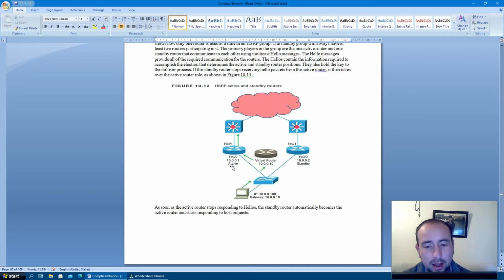FA0/1, FA0/0, 10.0.0.1 active, virtual router. FA0/1, FA0/0, 10.0.0.2 standby, virtual IP 10.0.0.100.